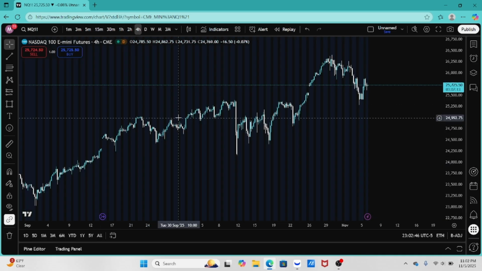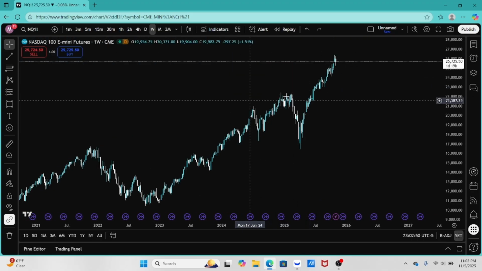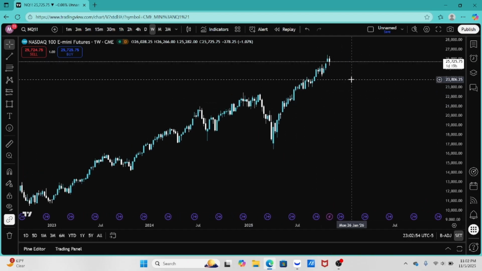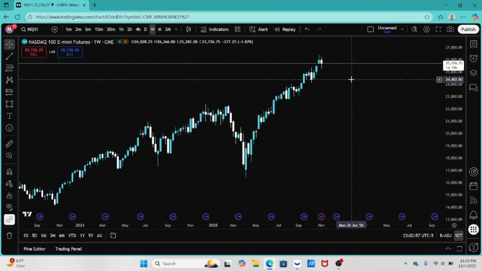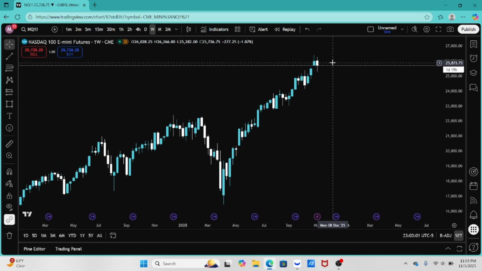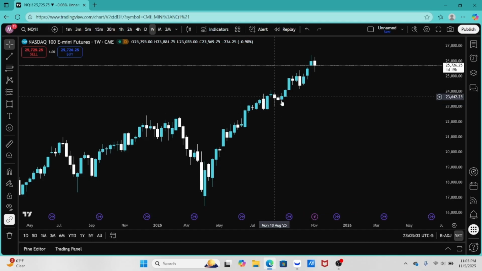So what you're always going to want to do is start at like the 4-hour, daily, weekly. Start at your weekly, get an idea of what price is looking like. Like for example here, you have price, it comes up.